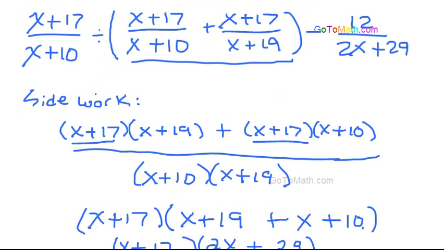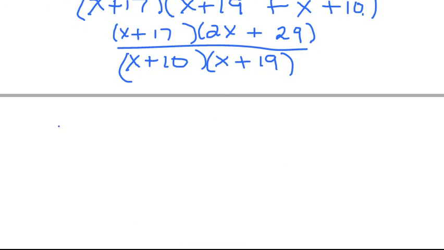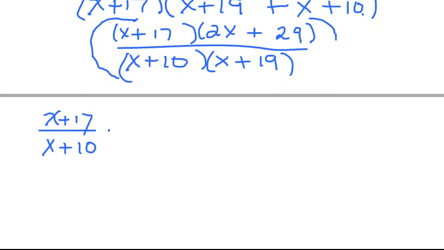Oh, and you know something? Okay, so we've got a division here. Yeah, I would have made a big mistake if I'd multiplied this stuff out. So we've got a division. So with this part right here, we've already worked it out. So we're going to go ahead and flip it. Okay, so we're going to go ahead and write x plus 17 here over x plus 10 times, and this part right here, this is all the stuff that's in parentheses.